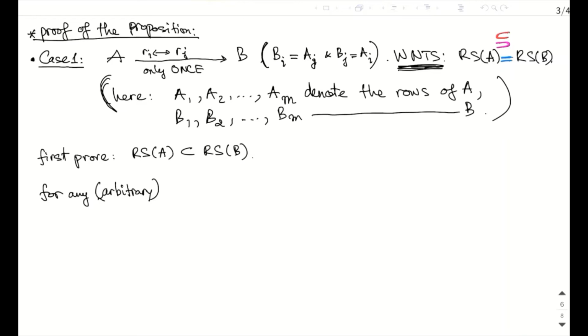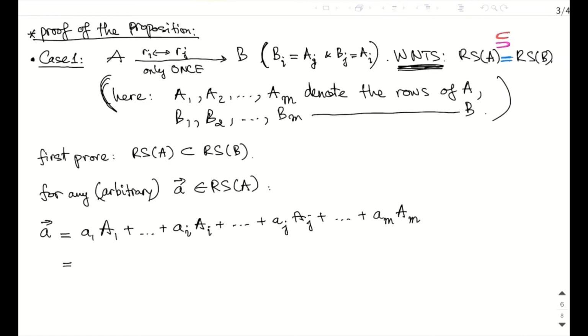For any arbitrary vector a in the row space of A, the vector a can be expressed as a linear combination of the rows of A. Then, because we only switch row i and row j, we didn't touch any other rows, so they stay the same. So A1 is in fact the same as B1, and Am is in fact the same as Bm. Now the only difference is going to be at the j and the i position.